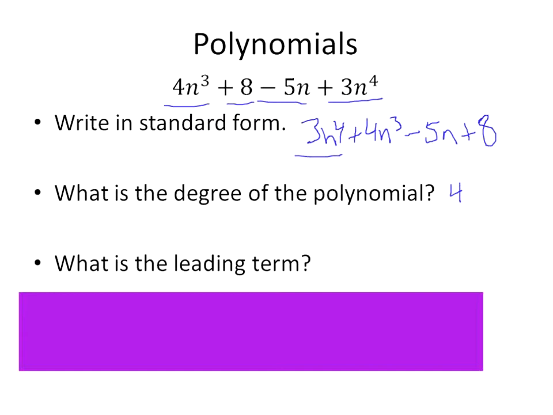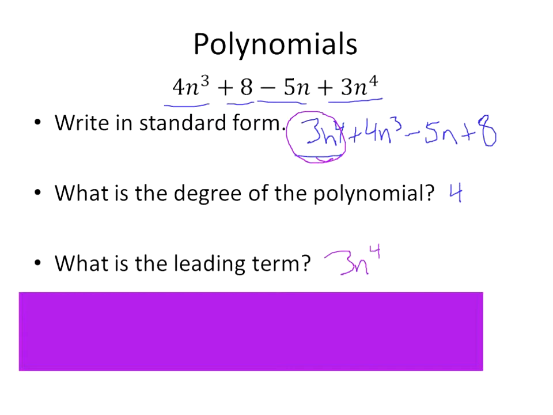So for the problem that we have, this is our term with the highest degree, and it's placed first in the standard form. So our leading term would be 3n to the 4th.